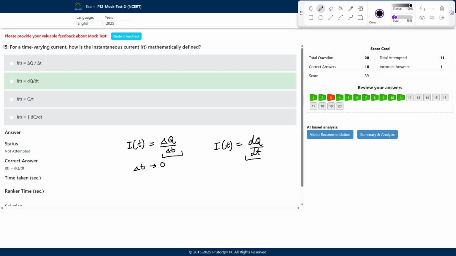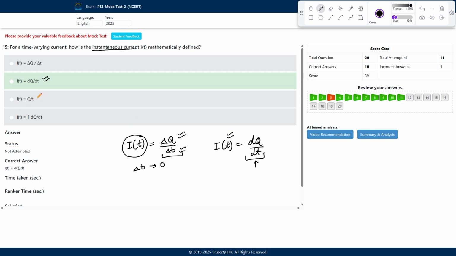This dt is a very small interval, nearly a point. So the instantaneous current can be found using dq by dt. This delta t is a large interval, and this expression shows the average current, while this expression shows the instantaneous current.